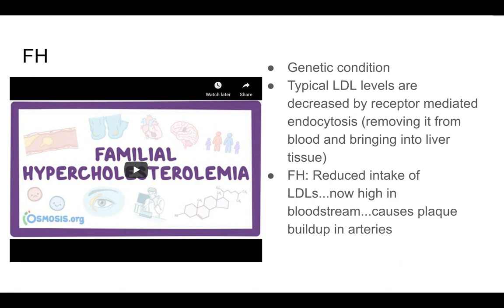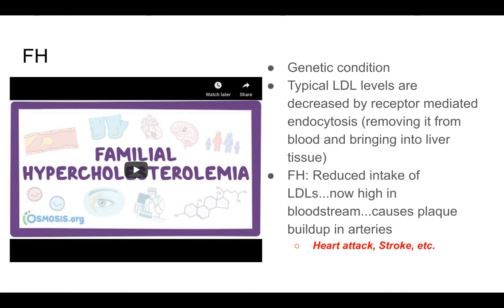And so now that you are not taking in as much LDL, it is still out in circulation in your bloodstream, which causes these plaques to build up in your arteries, which then can lead to the conditions that they cited in the video, primarily the ones you would be the most familiar with: heart attack and stroke.